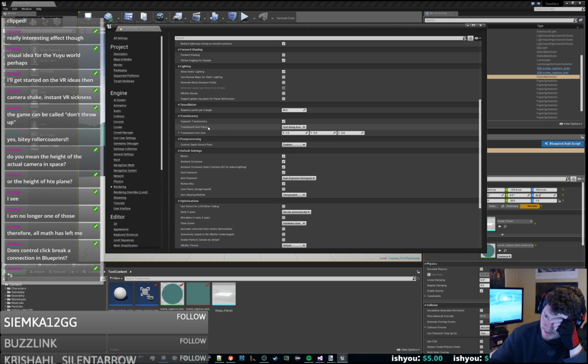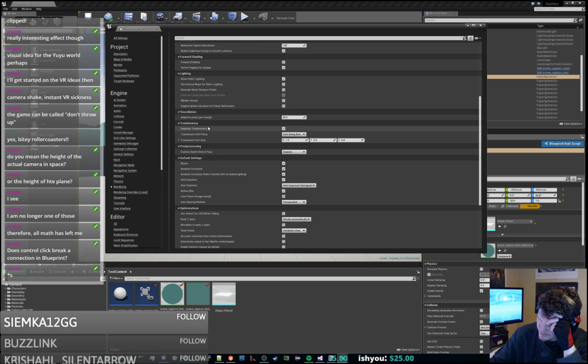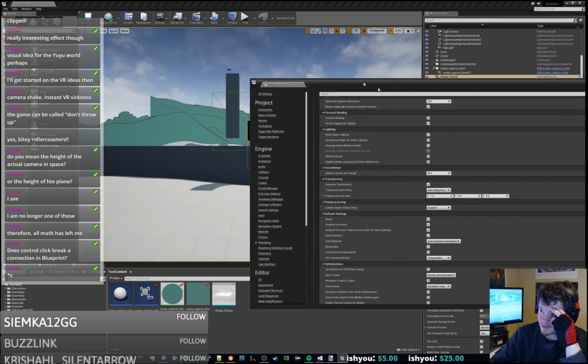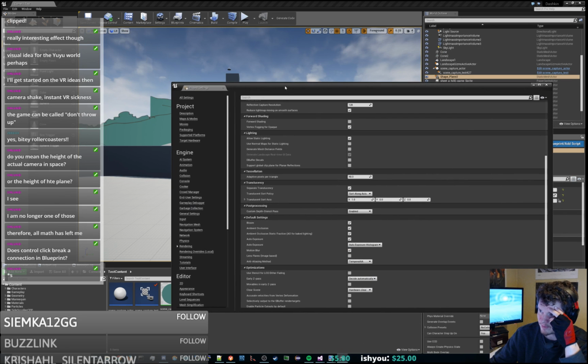So it's probably, alright, we have the translucency sort policy and the translucency axis. And basically what we want to do is when we blend these things together, we do want them sorted, but we want to sort based on the pixel depth, which I think is what it's going to do with this axis.